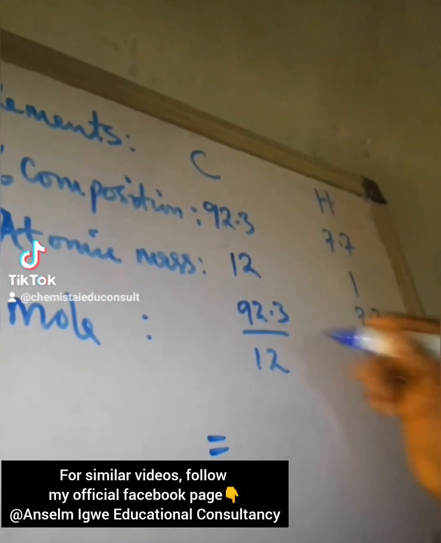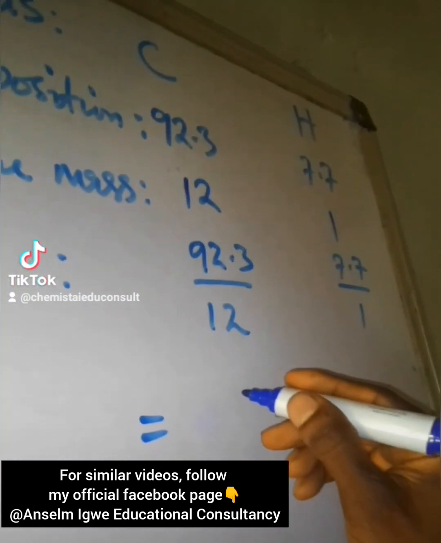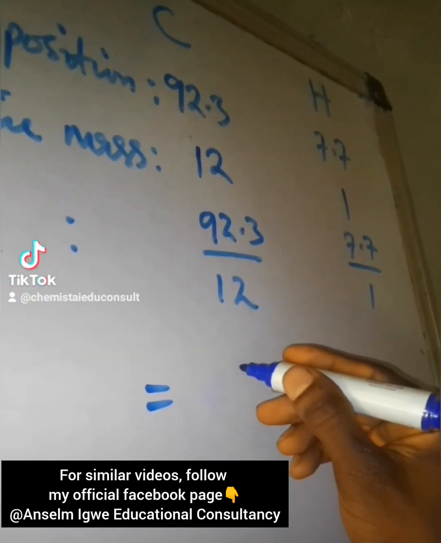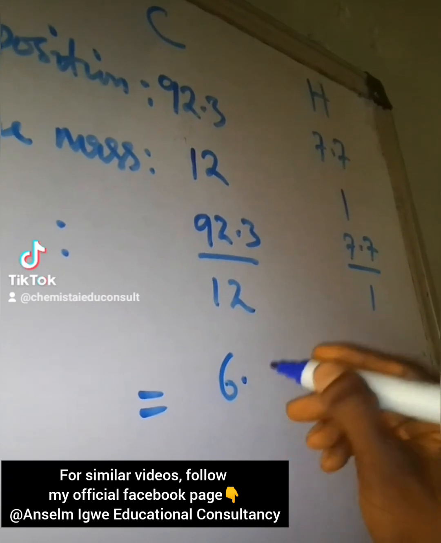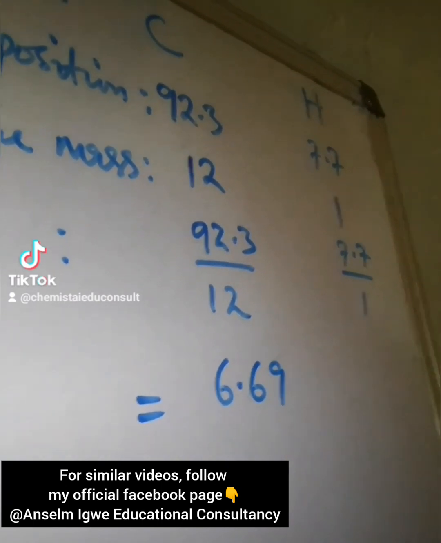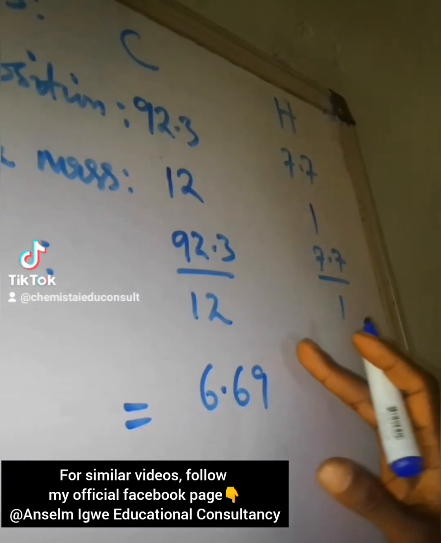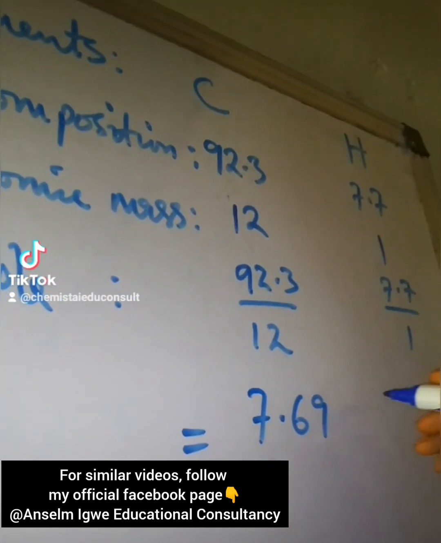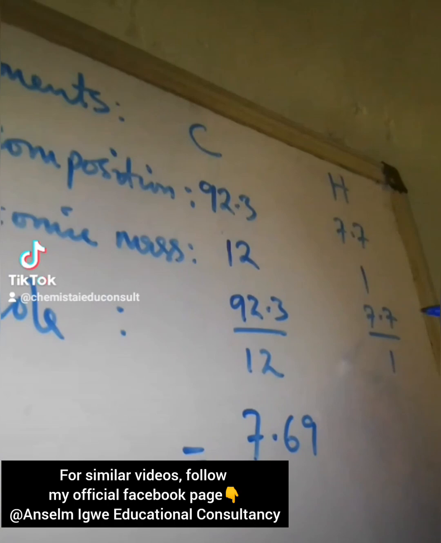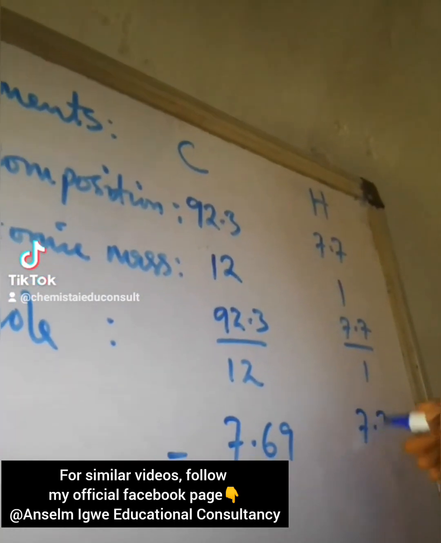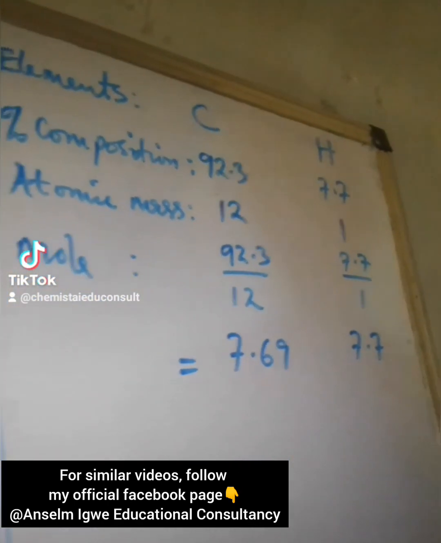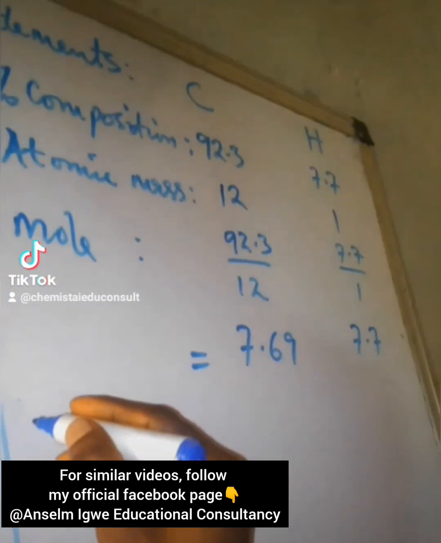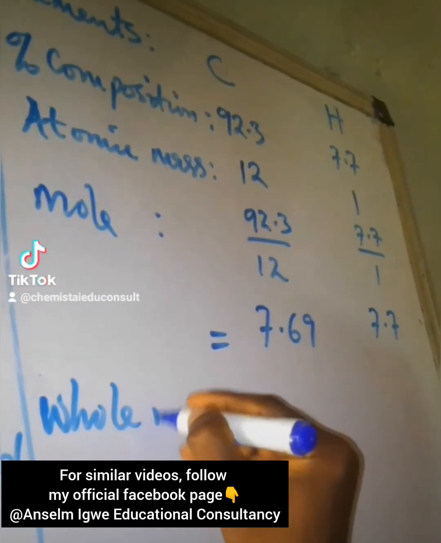If you divide 92.3 by 12, you are going to get 7.69. And 7.7 divided by 1 is 7.7. Okay, so after this, we look for the whole number ratio.